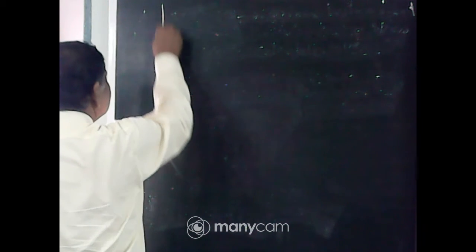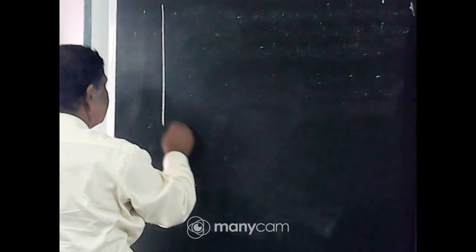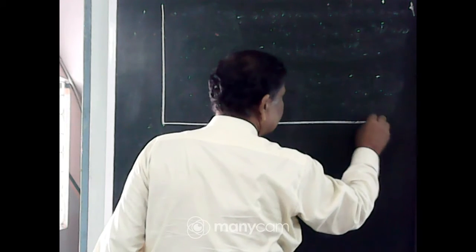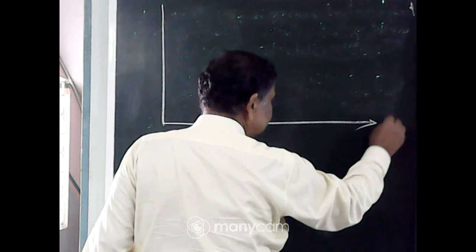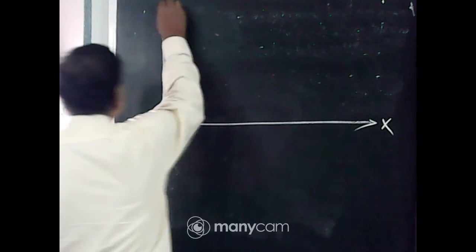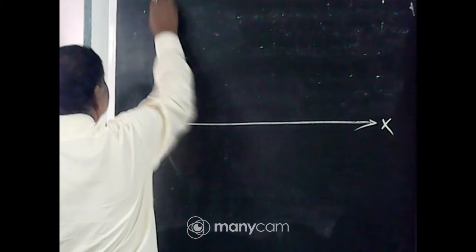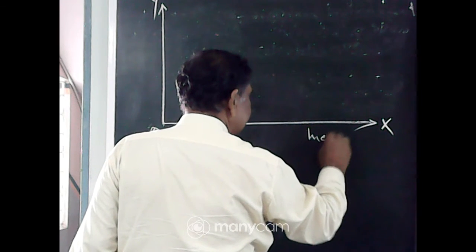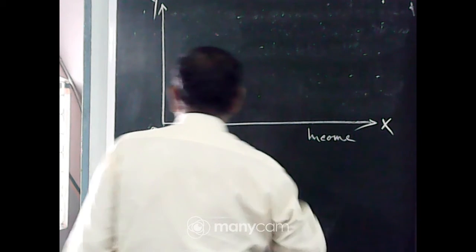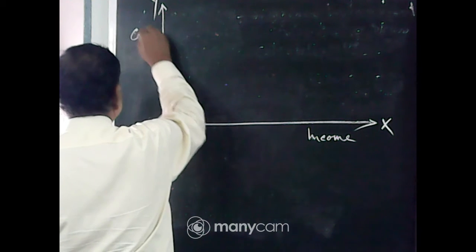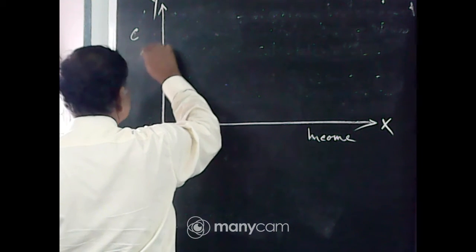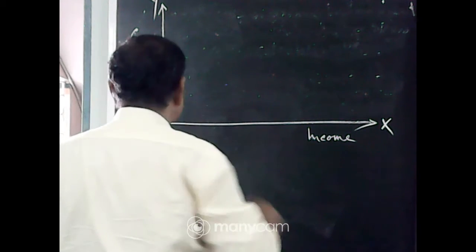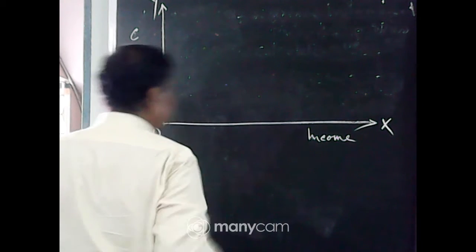Now you know that income is measured here and here consumption, and your question is saving, right.